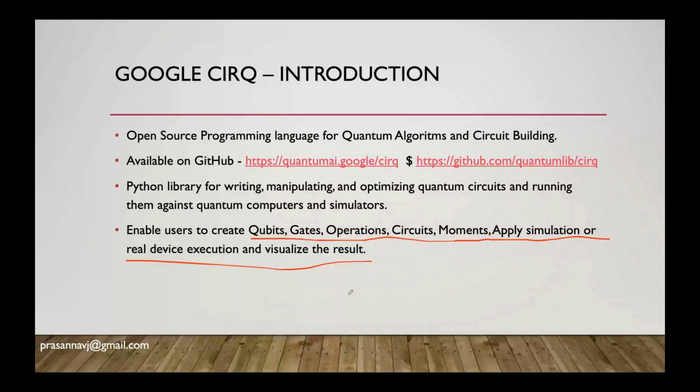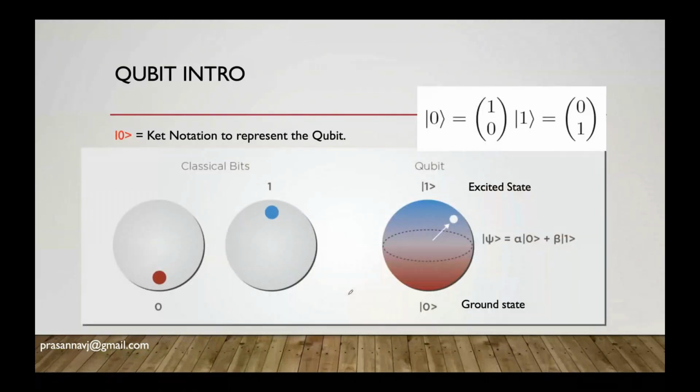Before we get in there, we need to understand a little more about how a qubit works. We know that a classical bit can have only one of two values, either 0 or 1. Qubits are not as such a basic single bit; a qubit is going to be a complex number, represented by something called ket notation.